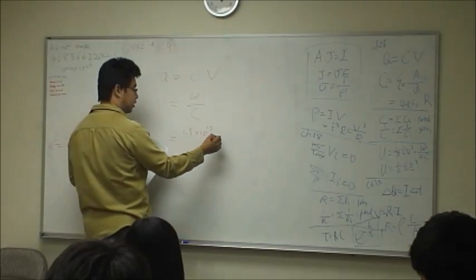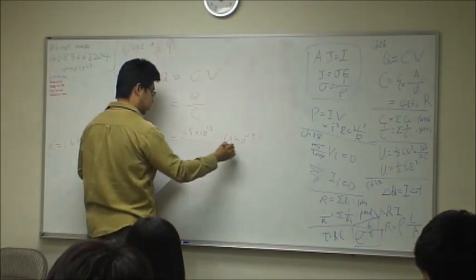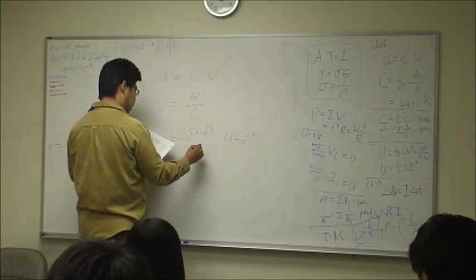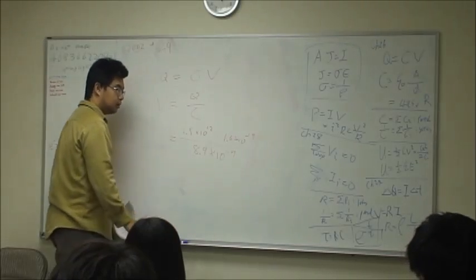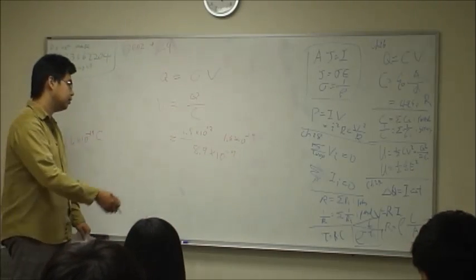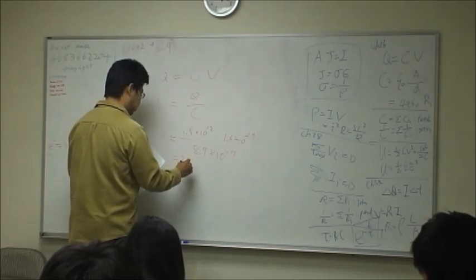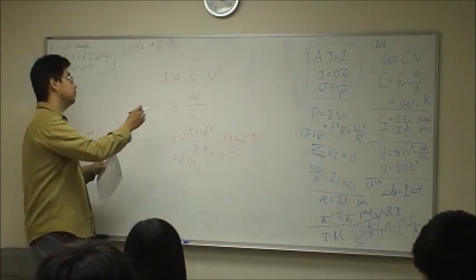Each electron is 1.6 times 10 to the minus 19 coulombs. Over the C, which is 8.9 nanofarad. Nano means 10 to the minus 9. Okay, you put everything in, do the calculation, and the result is 27 volt. Okay, so it's E.